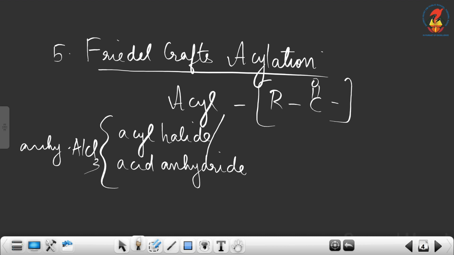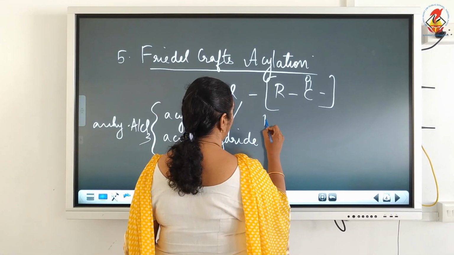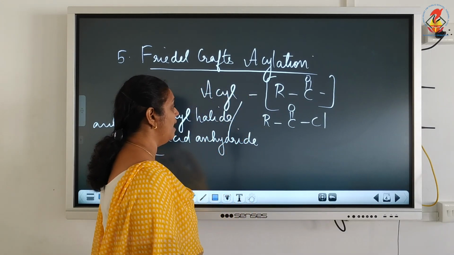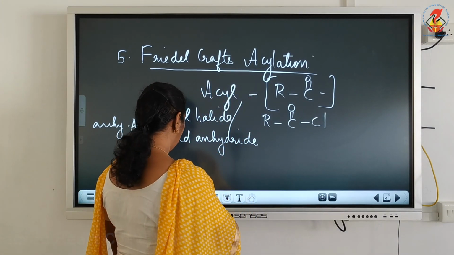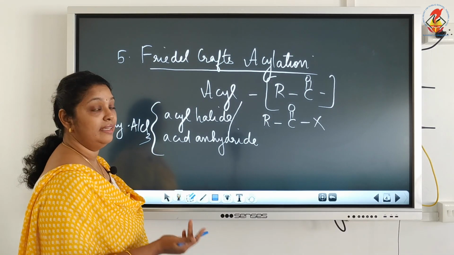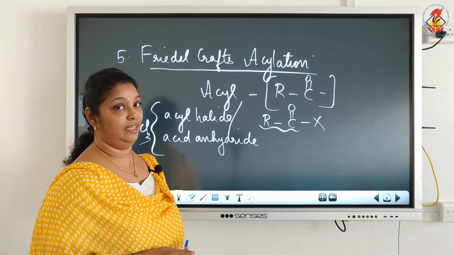The acyl group is introduced to the benzene ring. Now, what is acyl halide? The general formula of acyl halide is RCOCl. This RCOCl is acyl chloride. If you write the general formula, it will be RCOX. So you can treat the benzene with acyl halide. The RCO group will be added to the benzene ring.